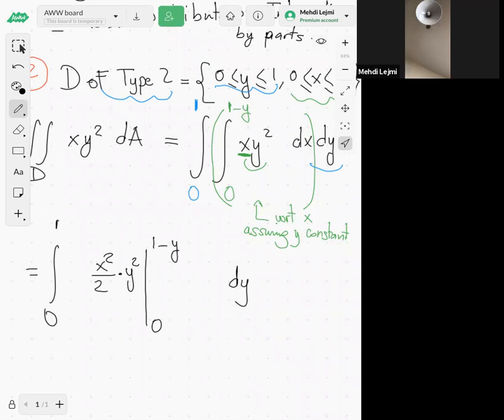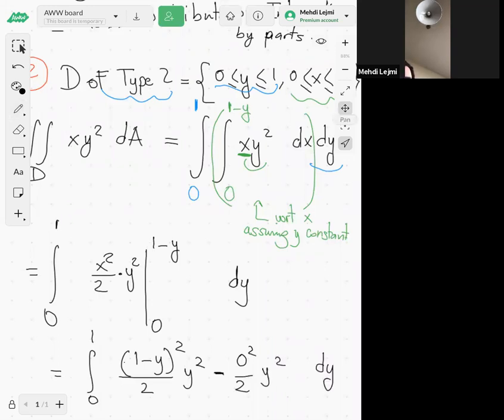All right. So that will be equal to 0, 1. We substitute x by 1 minus y. So here's (1 minus y) squared over 2 times y squared, minus, and then we substitute x with 0, so it's just 0 squared over 2 times y squared, dy.